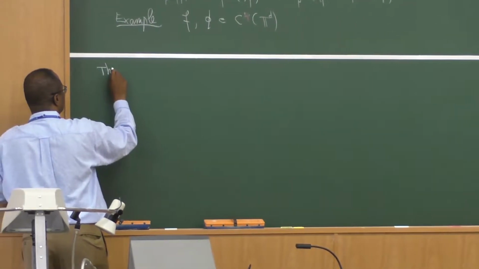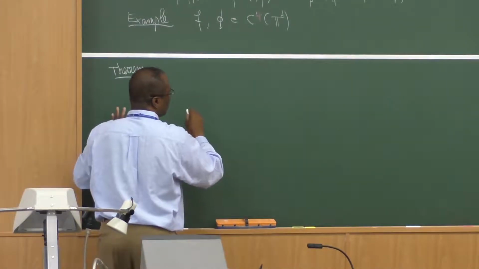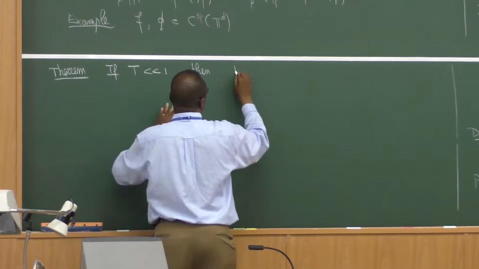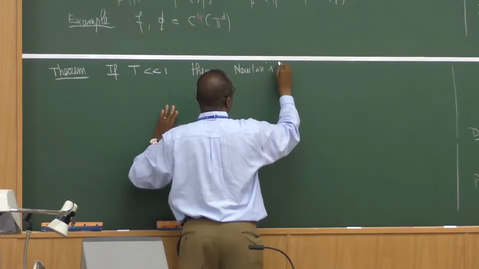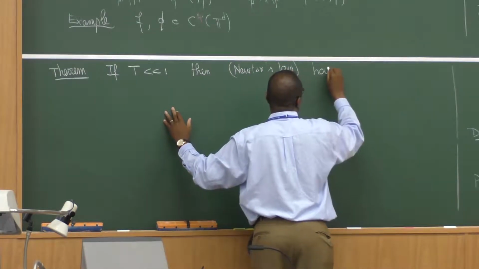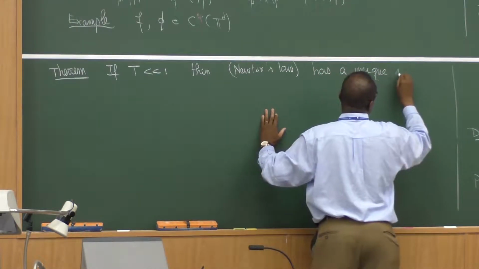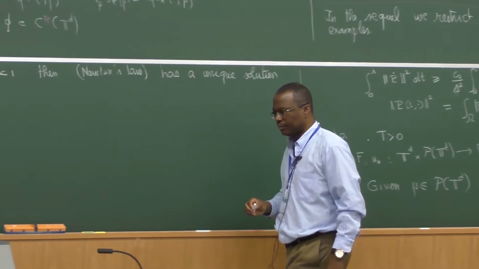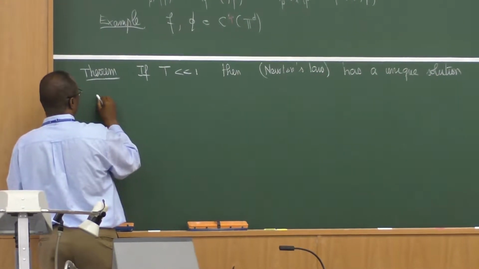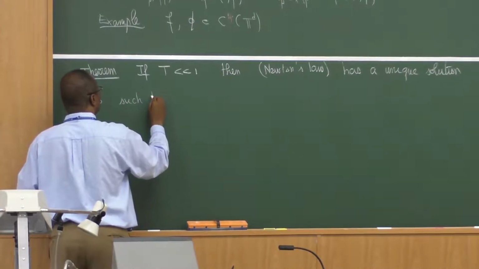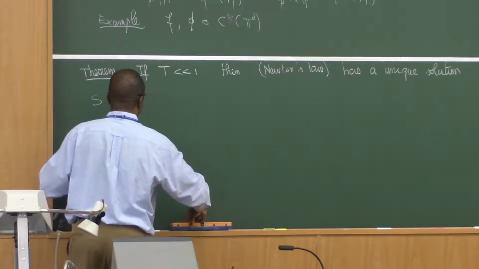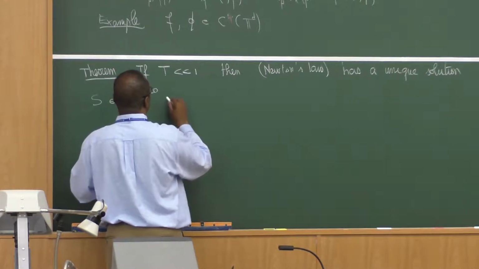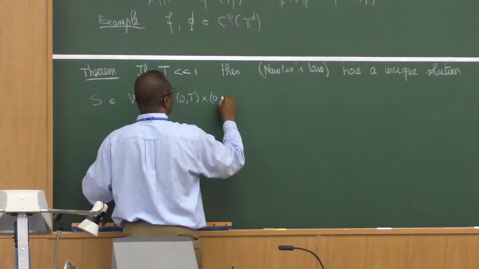Theorem. If T is small enough, then Newton's law has a unique solution, such that S is in W to infinity of 0T cross 0T cross the torus.